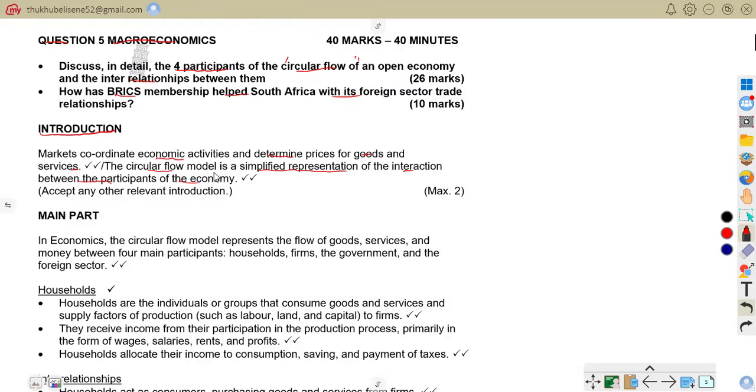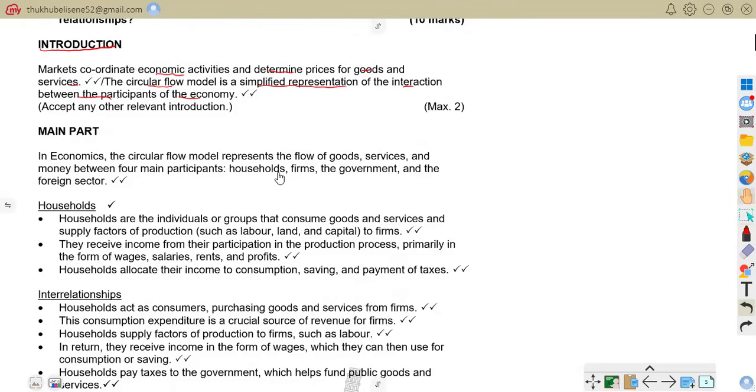Make sure that the keyword, the concept of the question, is in your introduction. So now let us come to the main part.